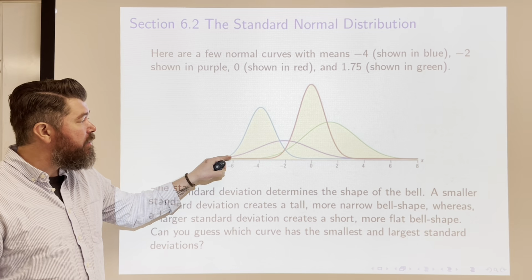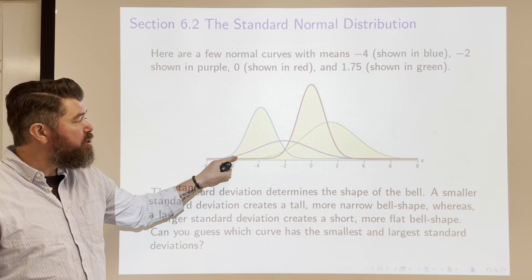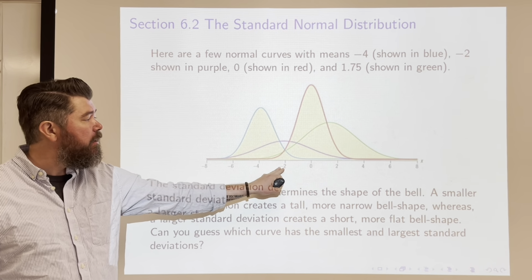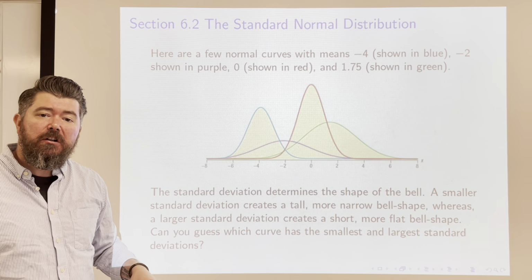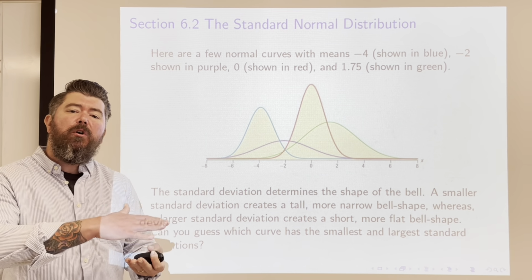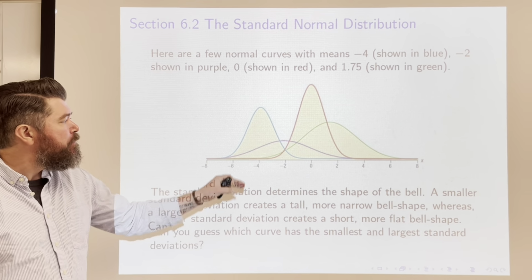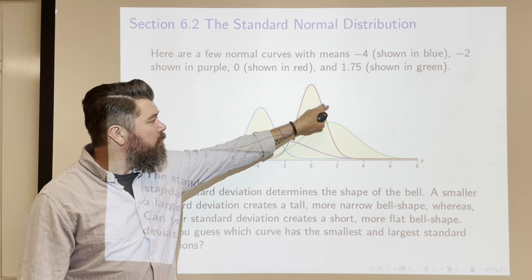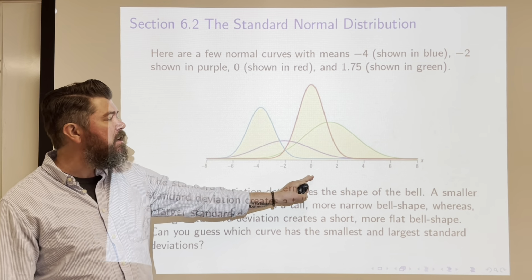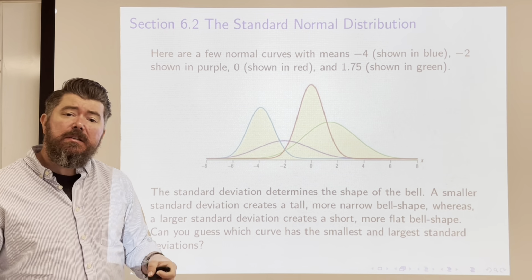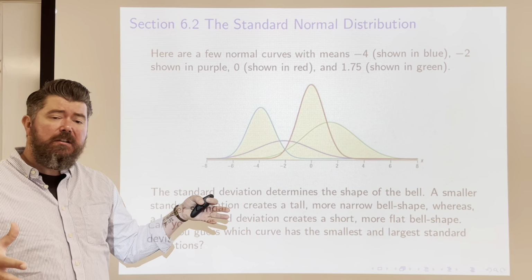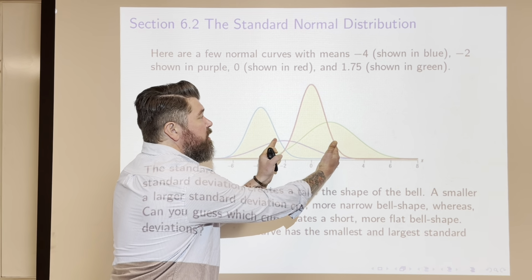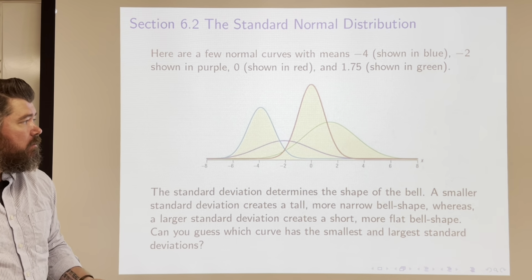We would guess that the curve shown in purple, centered at -2, has the larger standard deviation since it's more flat and spread. And we would guess that the normal curve shown in red, centered at 0, has the smaller standard deviation since it's more narrow and tall.